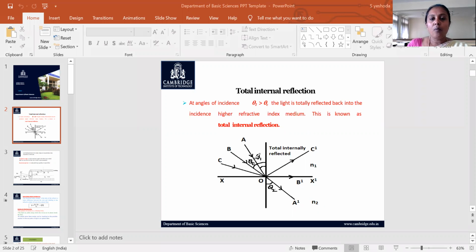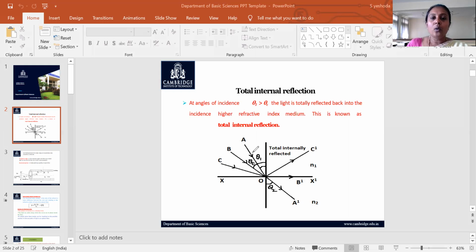You can see AO is incident at a certain angle, called theta 1, and the same ray gets refracted. You can see it bends away from the normal. Let us call this the normal between the two mediums. The boundary between the two mediums we have considered as X dash. The refracted ray refracts at a greater angle, theta 2.